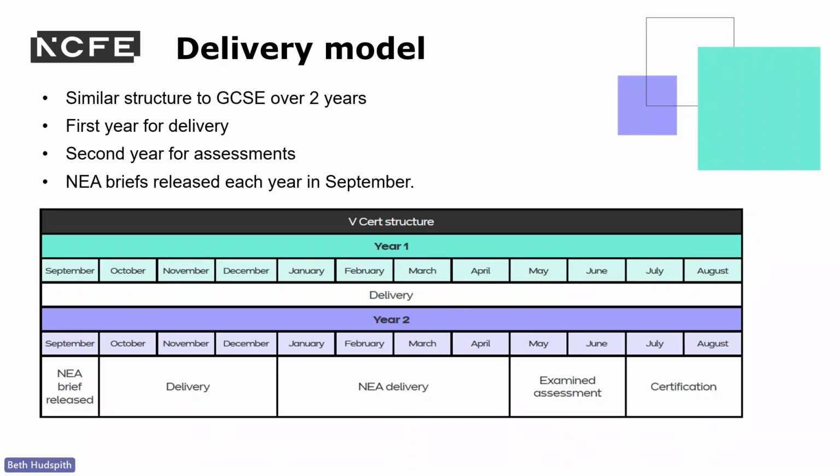And as long as the NEA is delivered, assessed and internally verified by the 30th of April, and then the examined assessment will be May time, and the dates will be released around the GCSE qualification, and then certification will be in July and August. So this session is very much about what you can do in year 1 to deliver those content areas.